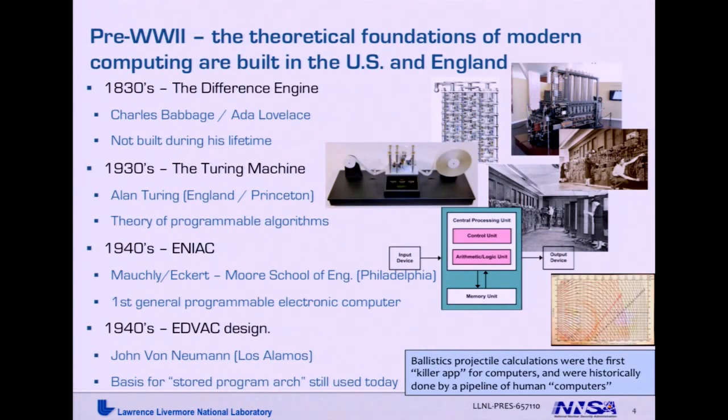in the 1930s, theoretical computing took off with a man named Alan Turing, who developed the Turing machine. If you ever take a theory of computation class, you'll learn all about some of the things that he conceived of.